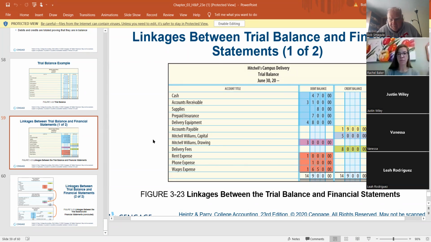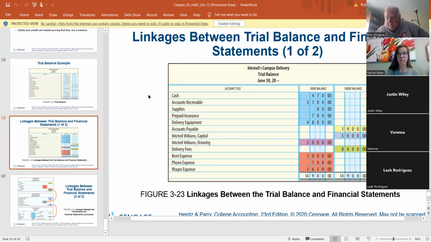I'm going to give you the Bob Smagula tip here. You see where it says delivery fees and drawing? Draw a horizontal line. As soon as you get a trial balance, draw a horizontal line separating the capital and delivery fees. The reason I say that is because everything below that line is going to be your balance sheet.